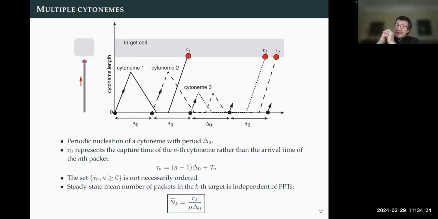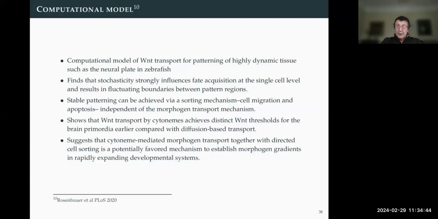You can't study that analytically, at least I haven't seen a way yet, but you can certainly computationally simulate it and compare diffusion versus cytoneme-based mechanisms. And their computer studies seem to suggest that in certain circumstances, this direct contact process is more effective. And I will end there.